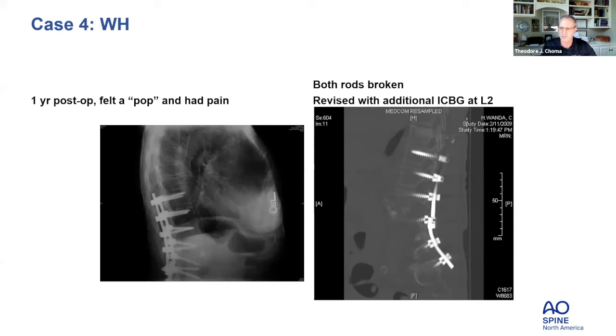And as you pointed out, Steve, very rarely in these severely osteoporotic patients do screws or rods break, because usually what fails is the bone implant interface. And yet, because of the effect of cement augmentation with these screws, what failed was the rod in fatigue when her non-union timed out.